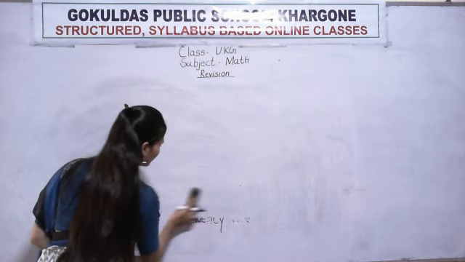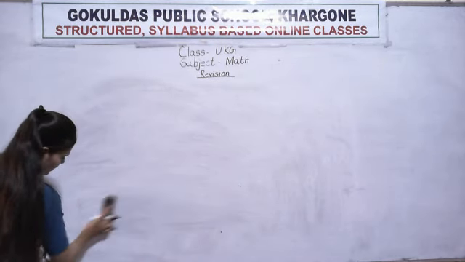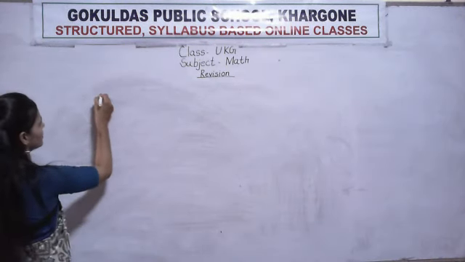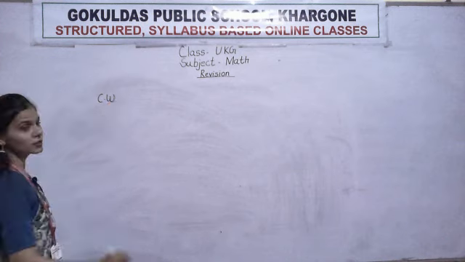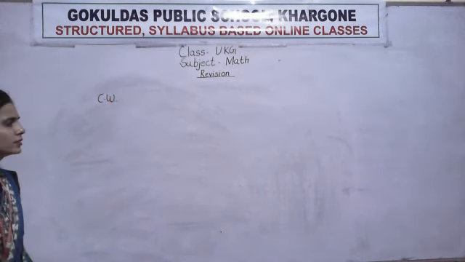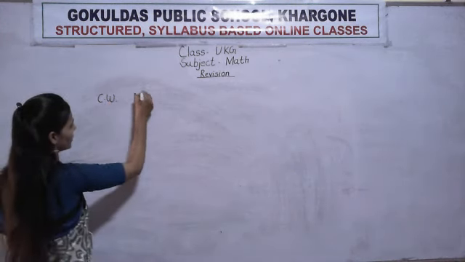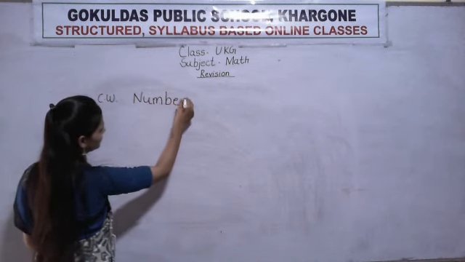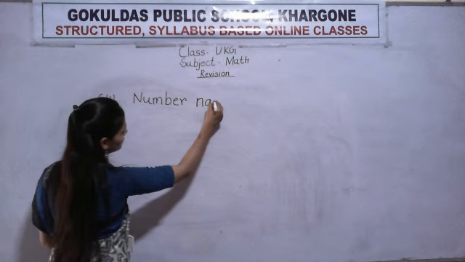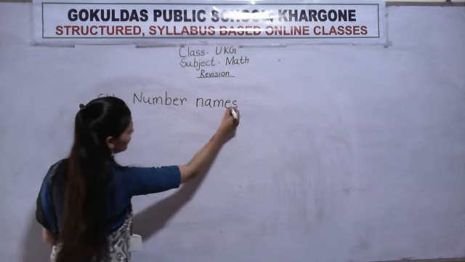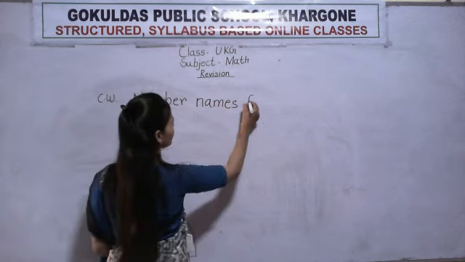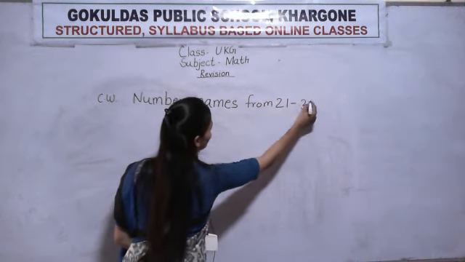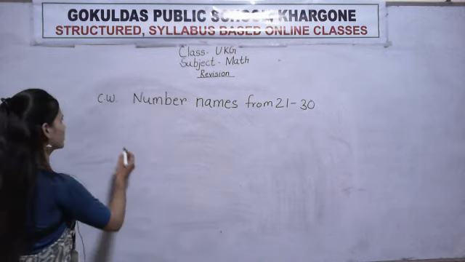Now you remember what is your CW and what is your HW. Your CW is what you write today? Number names from 21 to 30. This is your class work.